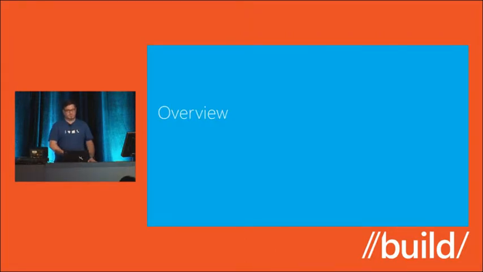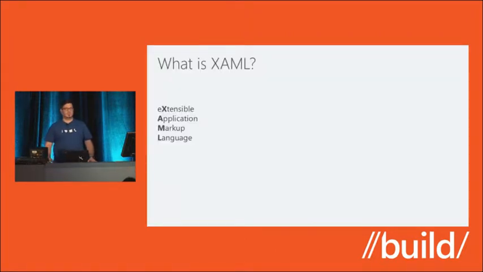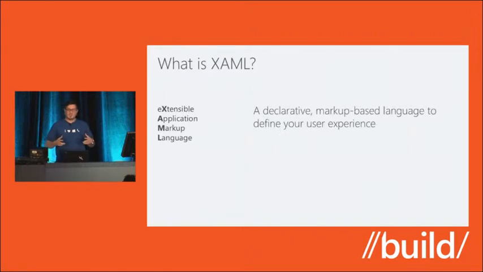Overview. So what is XAML? Now, who here is already a XAML developer in one shape or the other? Nice. About half the room, maybe 63%. Be accurate there. So XAML is an extensible application markup language. What does that really mean? It's a declarative markup-based language to define your user experience.